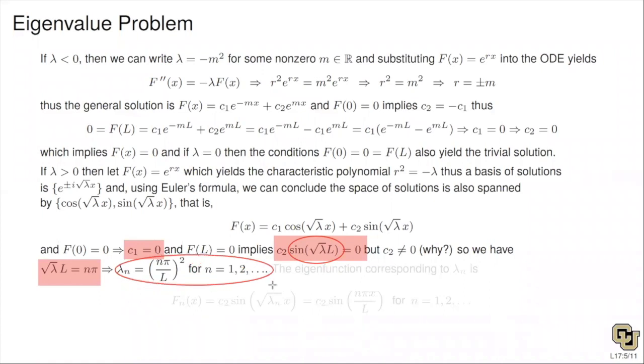And here I've dropped the negative roots because the sine function is an odd function. Sine of negative x equals negative sine of x, which is just a linear multiple of sine of x. And here, we're generating a vector space, so we just want the unique terms. Anything that's a scalar multiple will be in that span and will be redundant. So we made a choice to just drop n equal to -1, -2, and so on.